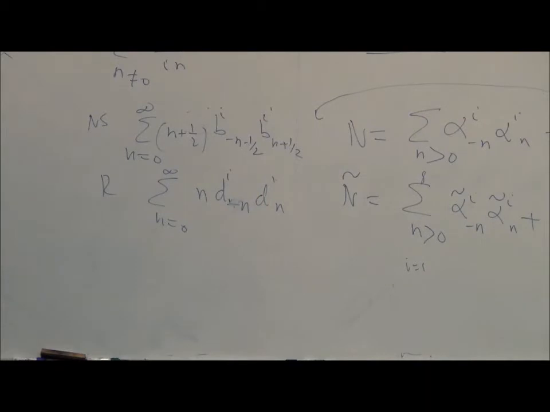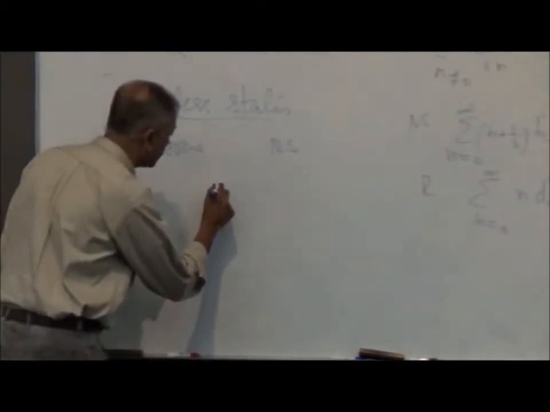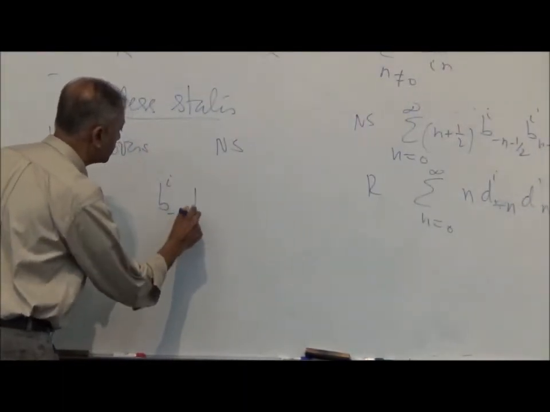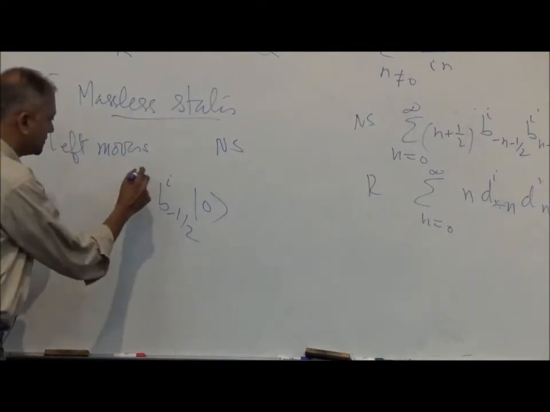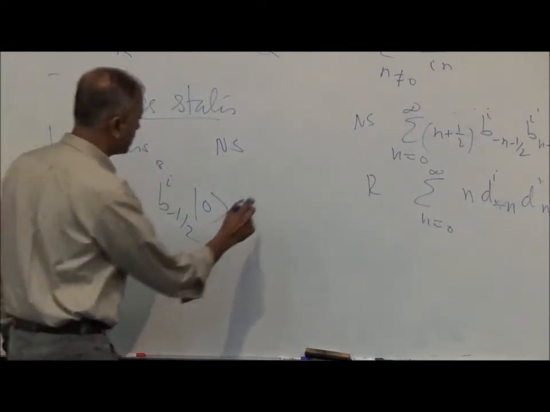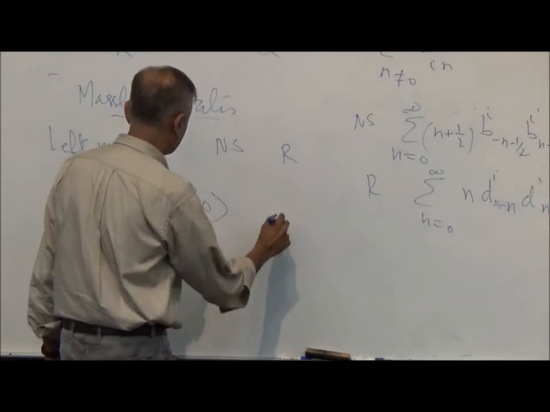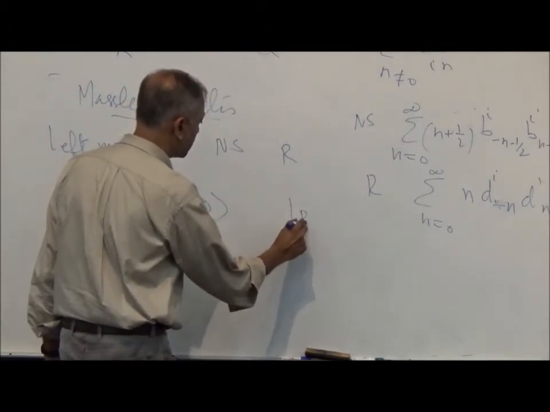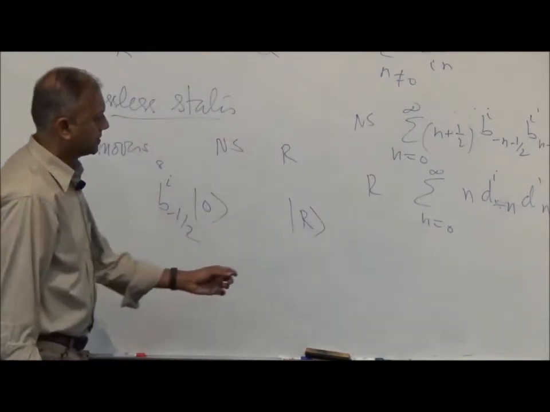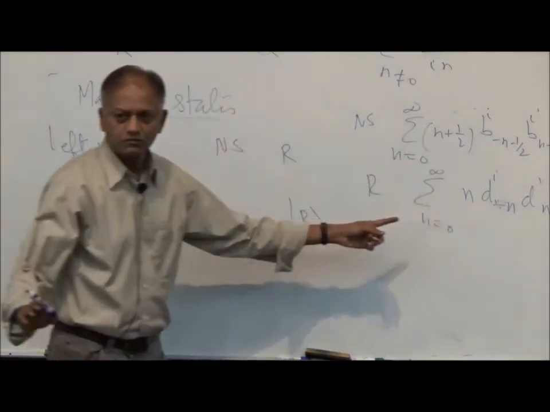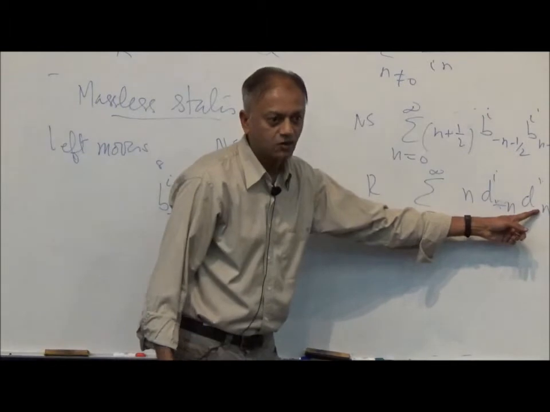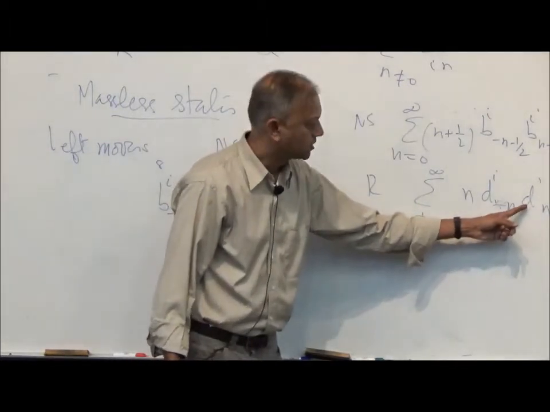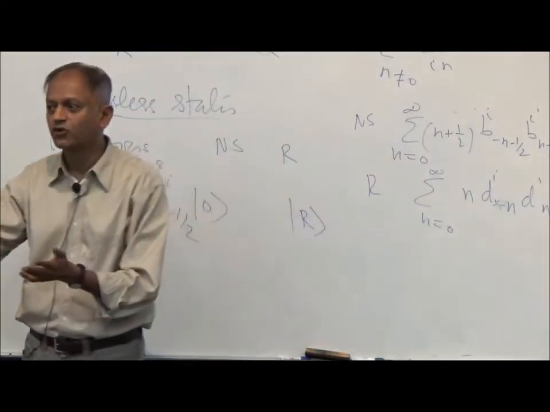So for the left movers in the Neveu-Schwarz sector, the massless states are ψ^i_{-1/2} acting on the Neveu-Schwarz ground state, and these are just 8 of them. In the Ramond sector, these are simply the Ramond ground state. You remember how it works out, because in the Ramond sector there is also ψ_0, since n can be equal to 0, and ψ_0 satisfies the Clifford algebra.